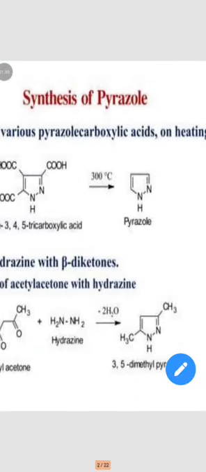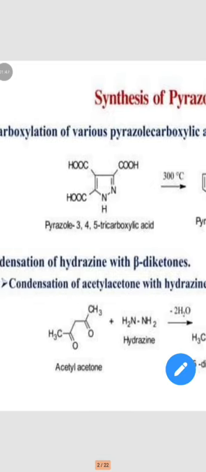So the first method is that pyrazole carboxylic acid is heated at 300 degrees Celsius to form pyrazole.